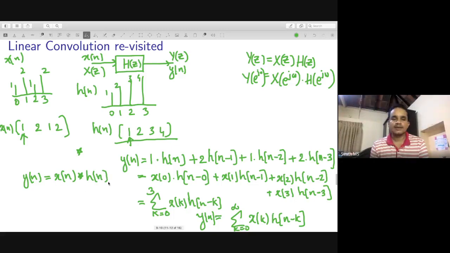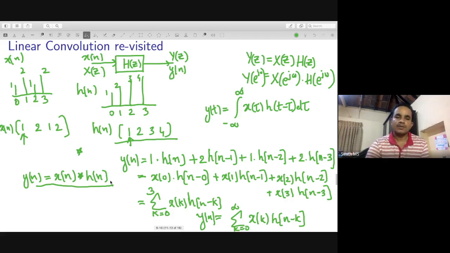When you say that x[n] is convolved with h[n], it is basically a linear convolution, and what you are doing is sigma k equal to 0 to infinity x[k] h[n minus k]. If it is the continuous domain, the same thing happens. It is y(t) equal to the integral, instead of summation, from minus infinity to infinity of x(tau) h(t minus tau) d tau. Same thing is represented in a summation form. So y[n] equals x[n] convolved with h[n].